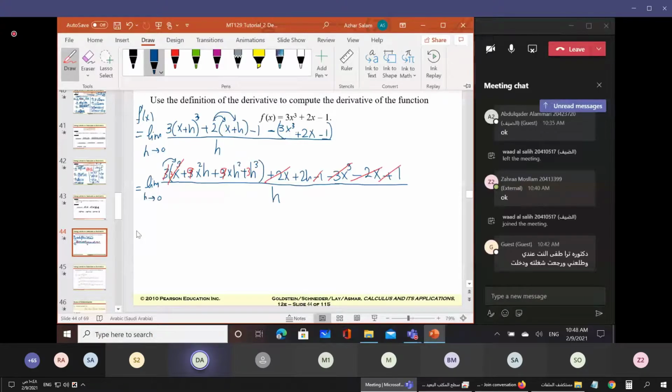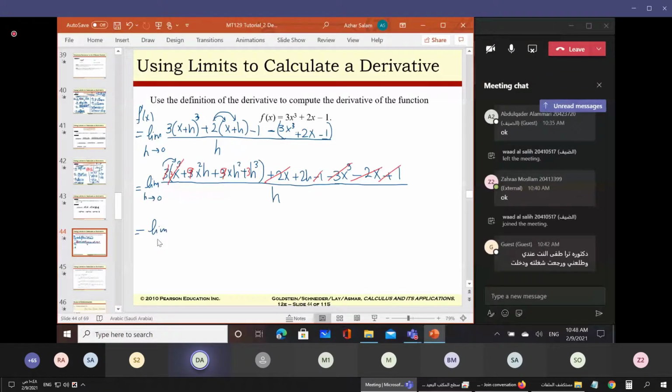So it will be limit when h approaches 0 for, I have here 9x squared h plus 9x h squared plus 3h to the power 3 plus 2h.